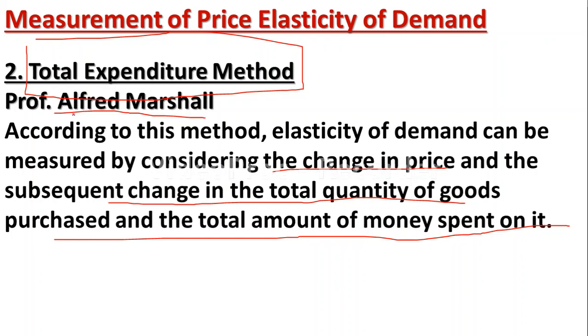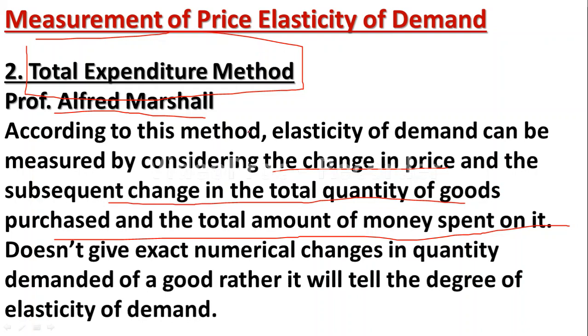So in the total expenditure method, to calculate price elasticity of demand, we consider the change in price, the change in quantity demanded, and also the change in expenditure. But this method doesn't give exact numerical changes in quantity demanded of a good; rather, it tells the degree of elasticity of demand.